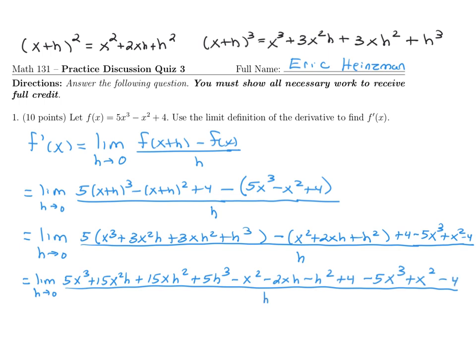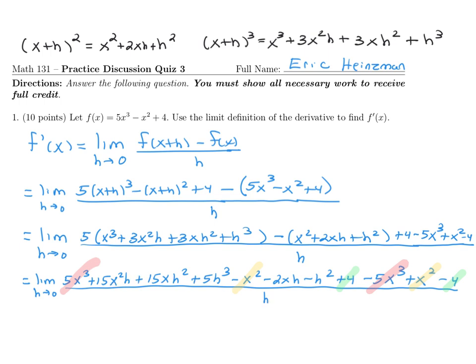Okay, in this step I can now cancel a whole bunch of stuff. For example, I have a 5x cubed and a minus 5x cubed. That cancels. Okay, we also have this minus x squared and this plus x squared. And I think there's one other thing. Oh, this plus and minus 4. Everything else that remains has a factor of h in it that we can cancel.